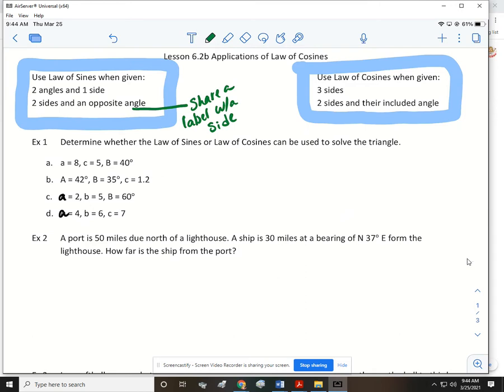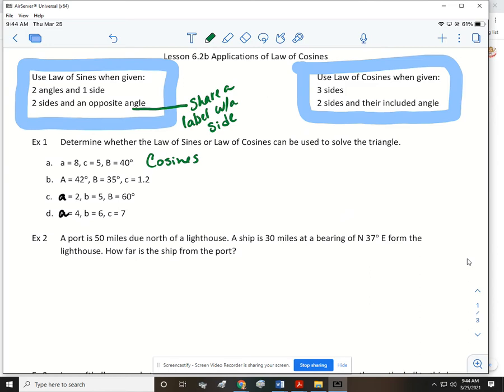And this one doesn't. So that would be two sides and their included angle, so that should be law of cosines, because we have A and C for our sides and angle B for our angle.